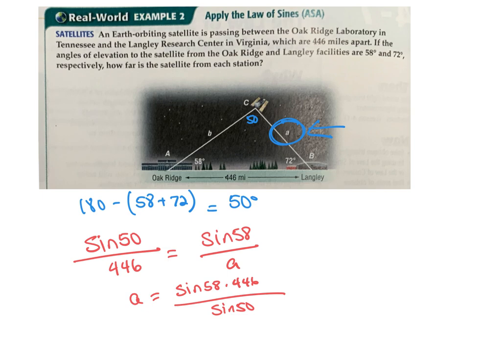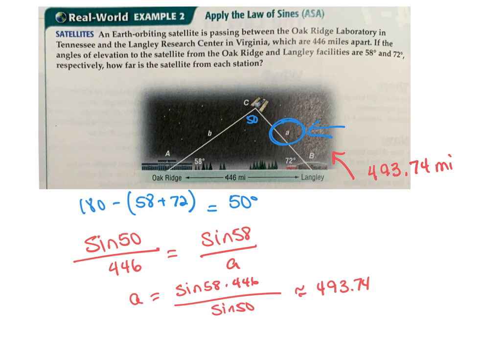When they did that one, what did they get? 446 times the sine of 58 divided by the sine of 50 gives 493.74. So the distance from Langley to the satellite is 493.74 miles. And to solve the other one, we do the same thing with 72 degrees.